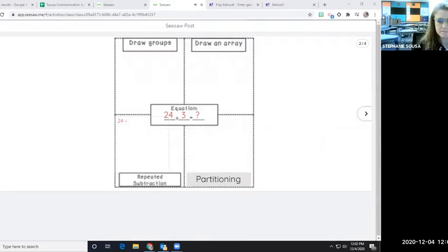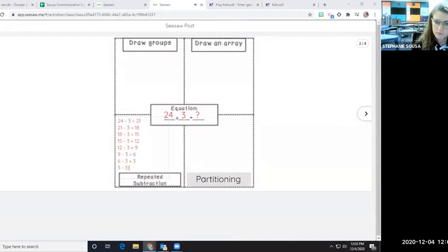Beginning with repeated subtraction. 24 divided by 3 tells us that we are subtracting groups of 3 and deciding how many groups that would create. 24 subtract 3 gives us a difference of 21. 21 subtract 3 is a difference of 18. 18 subtract 3 gives us a difference of 15. 15 subtract 3 gives us a difference of 12. 12 subtract 3 gives us a difference of 9. 9 subtract 3 gives us a difference of 6. 6 subtract 3 gives us a difference of 3.